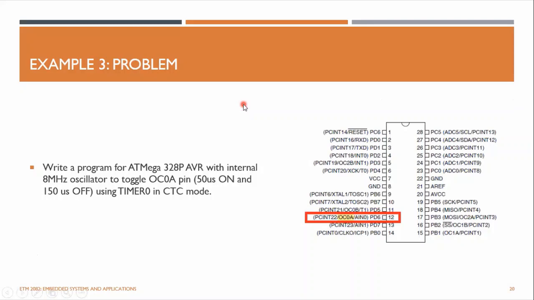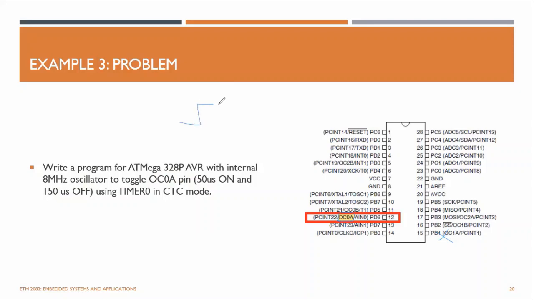So the third example is: write a program using ATmega328P with an internal 8 MHz oscillator to toggle the OC0A pin, 50 microseconds on and 150 microseconds off. Now I'm not using this one, PB1. Instead, I'm using this dedicated OC0A pin.